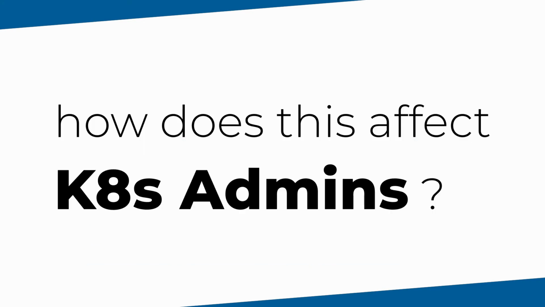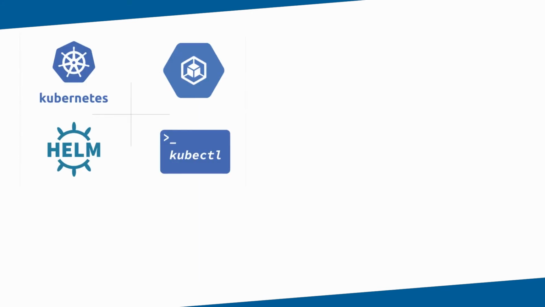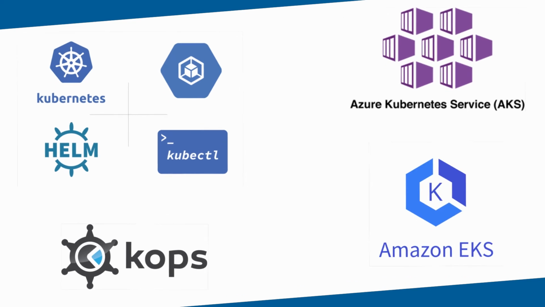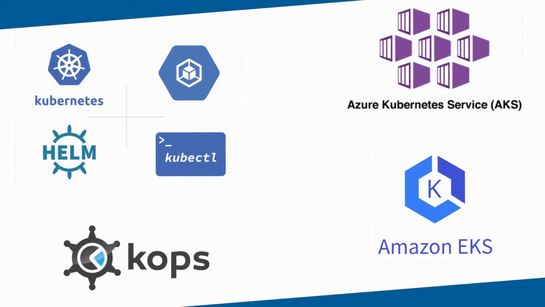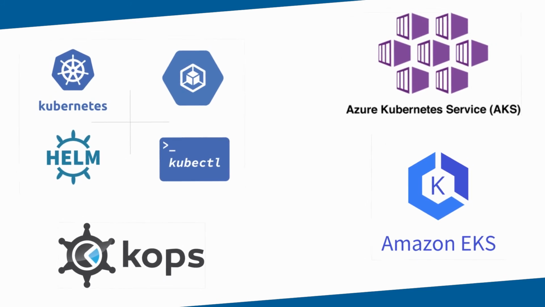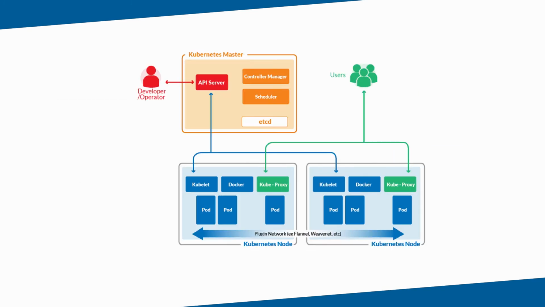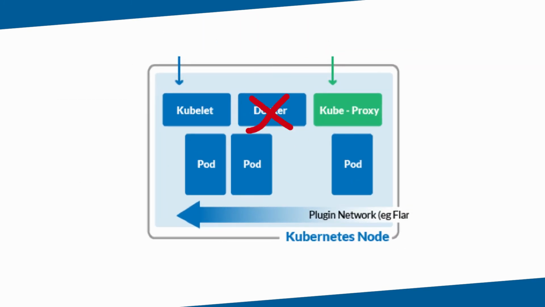But let's say you are working in Kubernetes administration, setting up Kubernetes clusters from scratch, and you are not using any automation tool like kubectl, kops, or any cloud implementation like Azure Kubernetes, AWS EKS or Google Kubernetes. Then you shall need to download the standalone version of Containerd on the node machines and install it, instead of configuring the complete Docker engine as probably you had been doing so far.